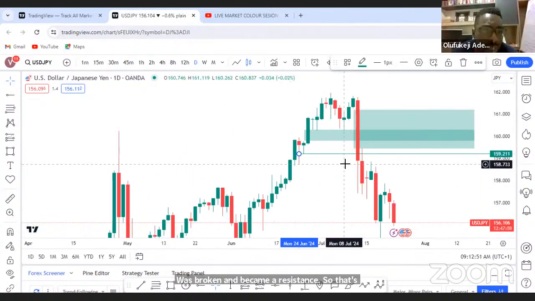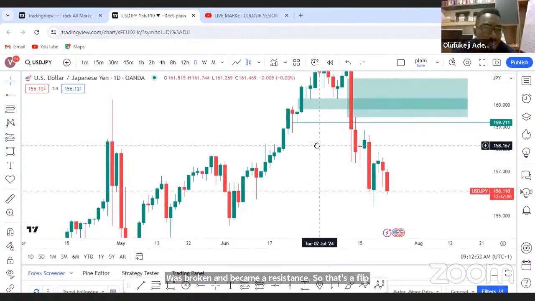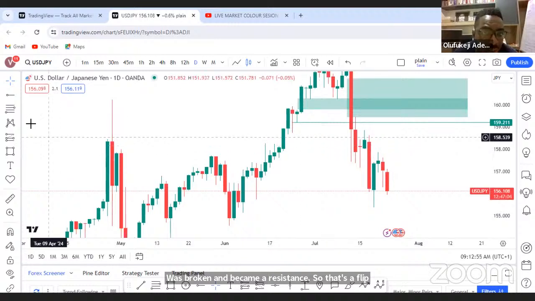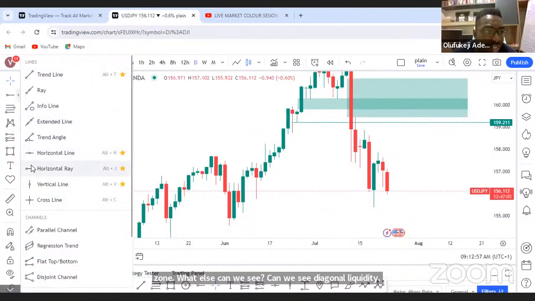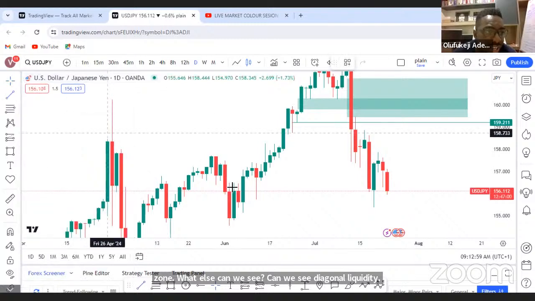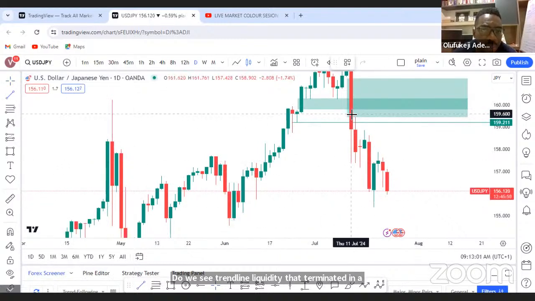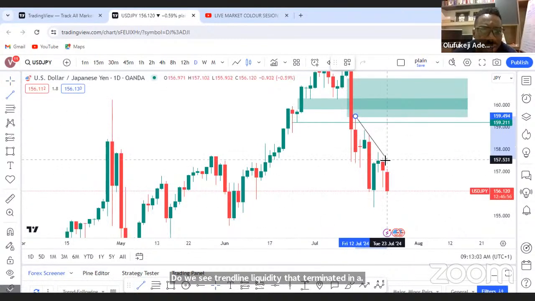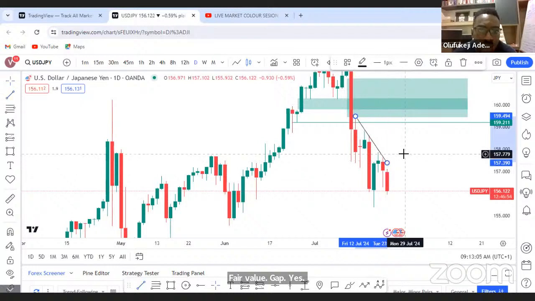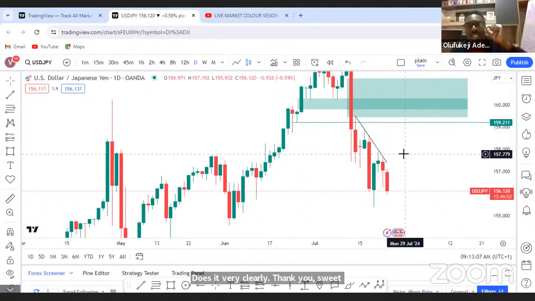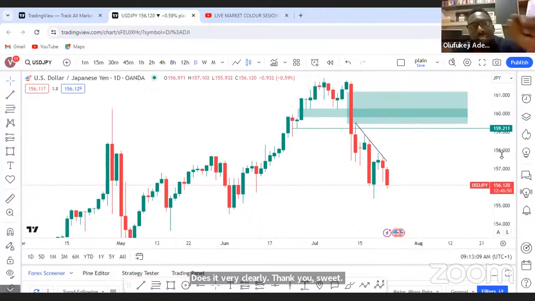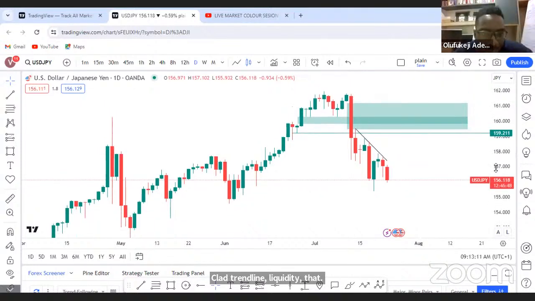What else can we see? Can we see diagonal liquidity? Do we see trend line liquidity that terminated in a fair value gap? Yes, that's it very clearly. Thank you. Sweet. Clear trend line liquidity that terminated into a fair value gap.